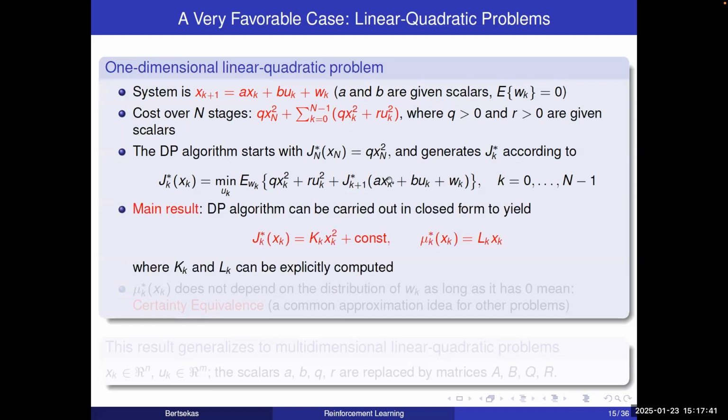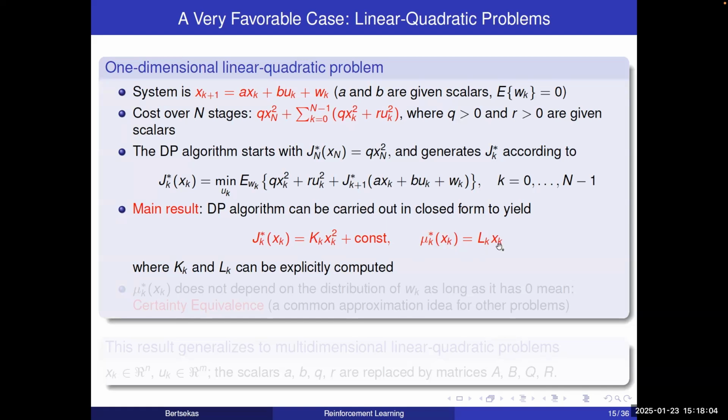And the main result is that J_k star of x_k is a quadratic function of the state, with K_k being a number that you can compute, plus a constant number, which doesn't matter, but you can compute that too.